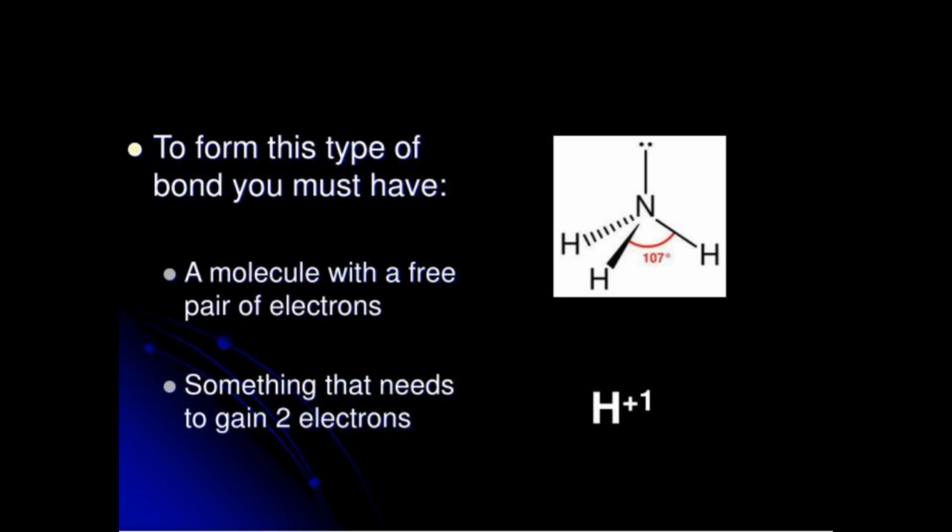to form this type of bond, you must have a molecule with a free pair of electrons, and then something that needs to gain two electrons. For instance, H+. Now, you observe that in the formation of ammonium ion, H+ means that it is deficient by one electron.